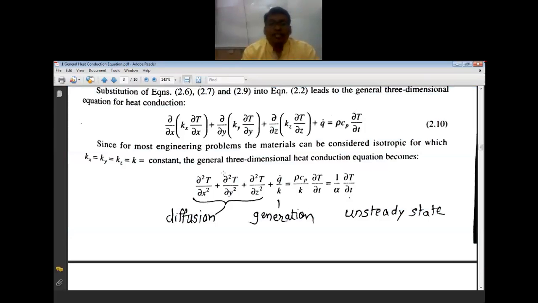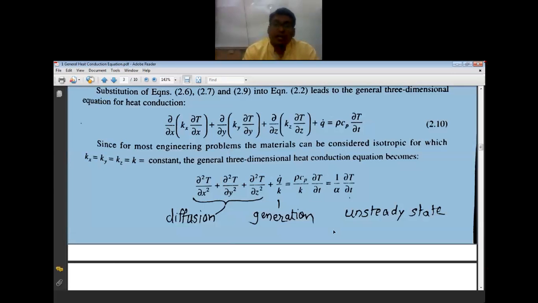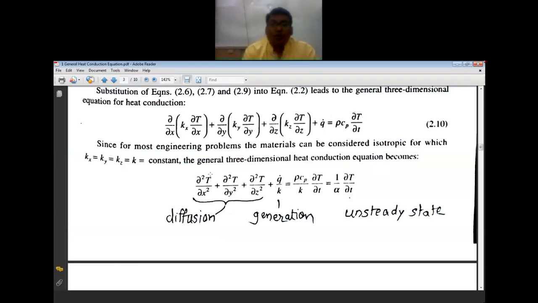Then if it is one dimensional with no heat generation, so one dimensional and unsteady state condition equation. Similarly, I can have the one-dimensional equation with heat generation.